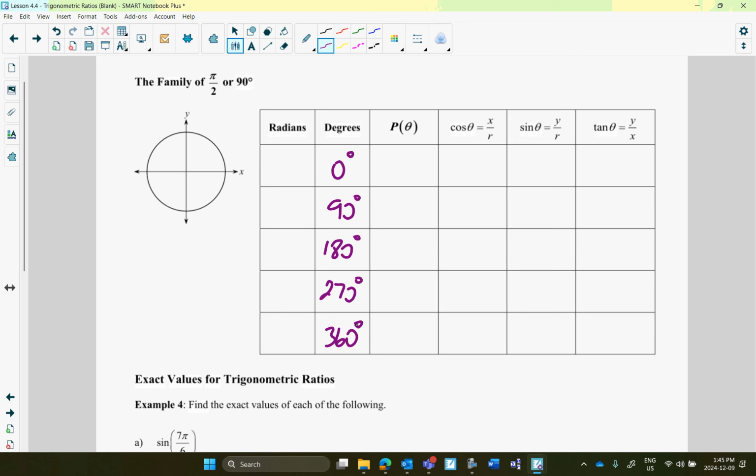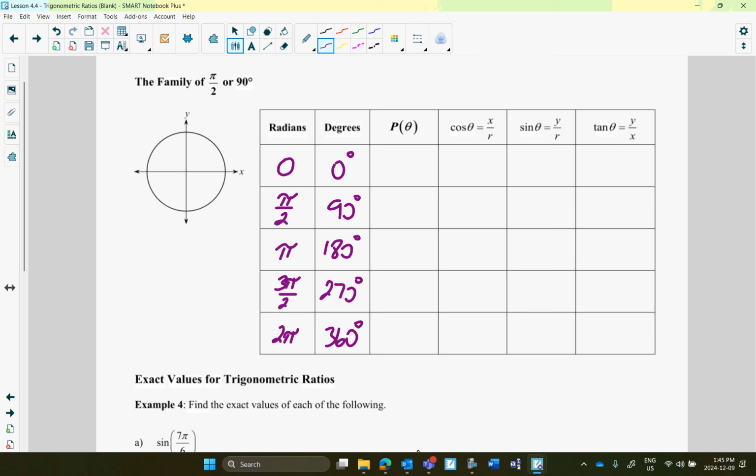These are the ones where the numbers on the unit circle are going to be 1 or 0 or -1. 0 degrees in radians is 0. 90 is pi over 2. 180 is 1 pi. 270 is 3 pi over 2, and a complete circle gives us 2 pi.